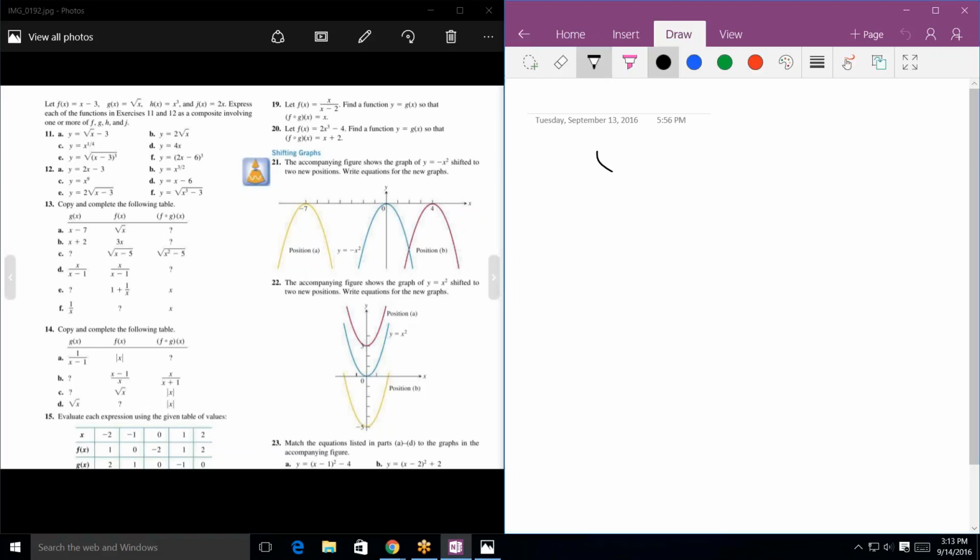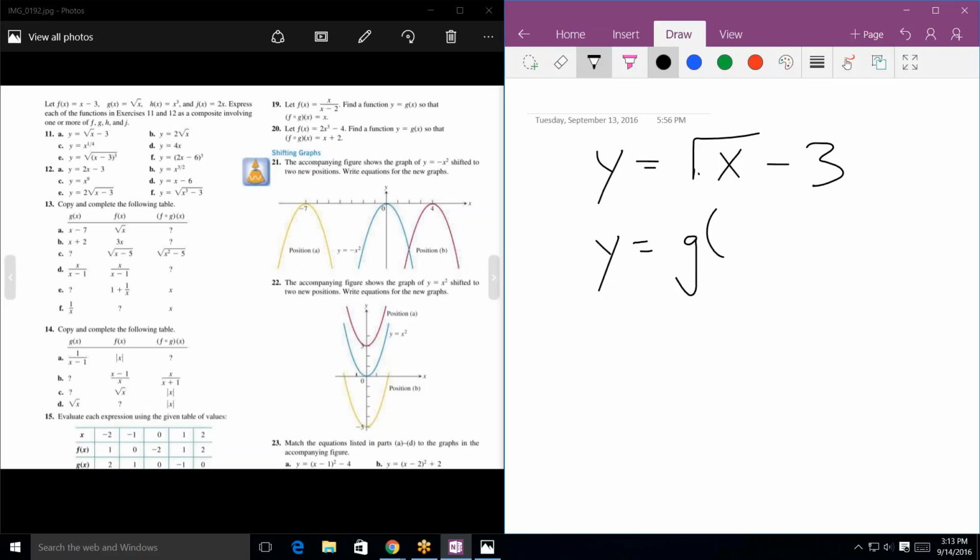So if I have y equals square root of x minus 3, well, what is that? That's y equals, what's square root of x? That's g of x minus 3. So that would be the answer for 11a.